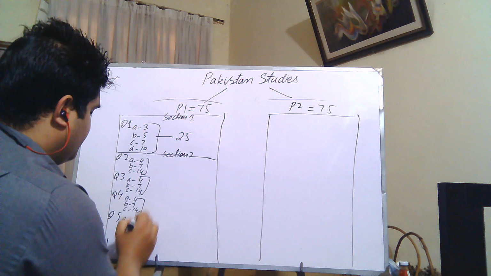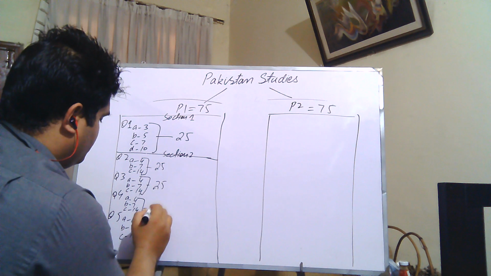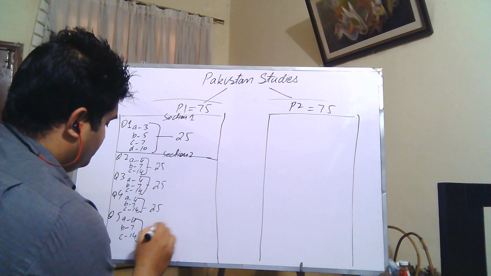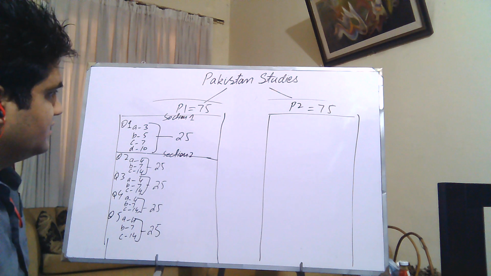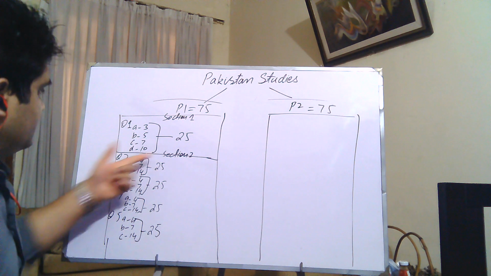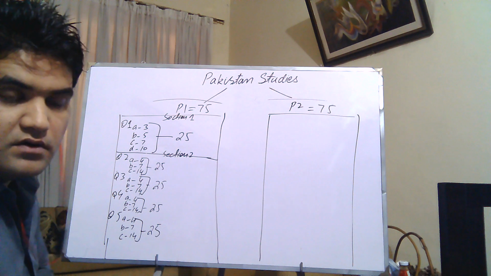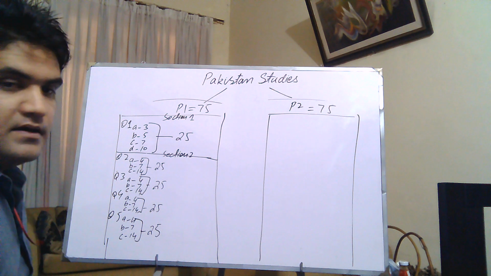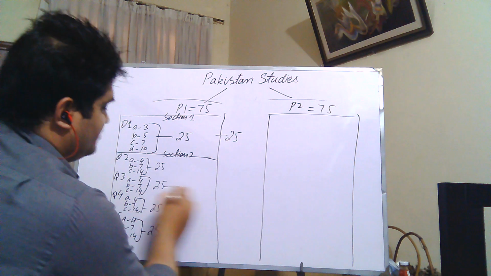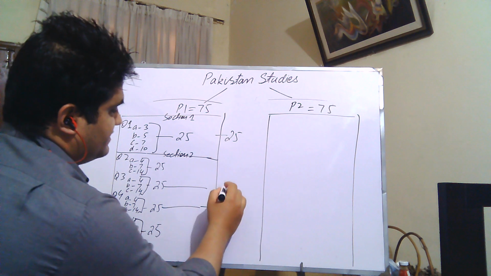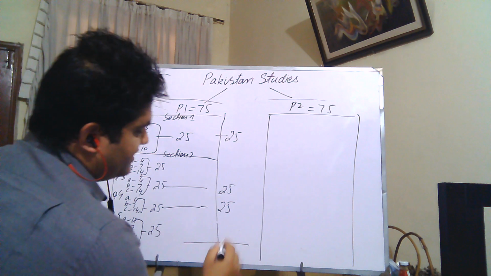Every question will make a total of 25. Section 1 is compulsory and mandatory, and section 2 has a total of 4 questions, of which you have to opt for only 2. If you pick, for example, questions 3 and 4, 25 and 25, this will make a total of 75.